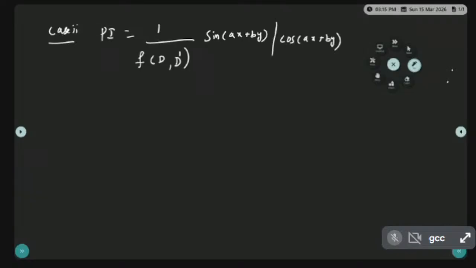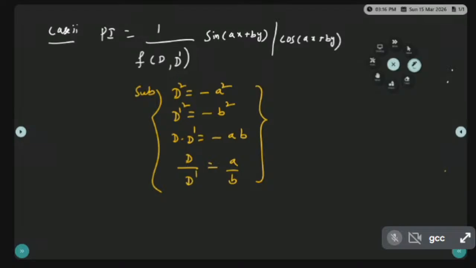Right, purely trigonometric functions, sin and cos. Everybody, we are going to substitute d square equal to minus a square, d dash square equal to minus b square, and d into d dash equal to minus ab, d by d dash equal to a by b.